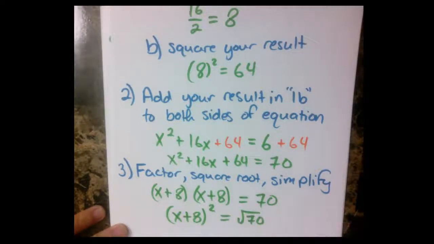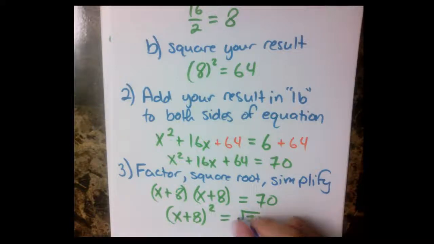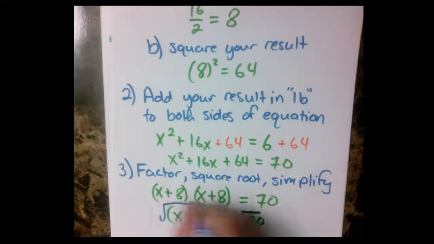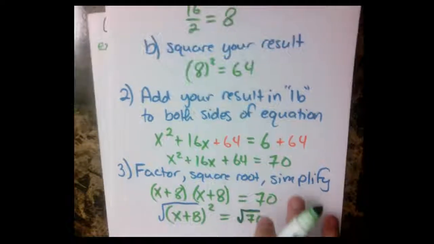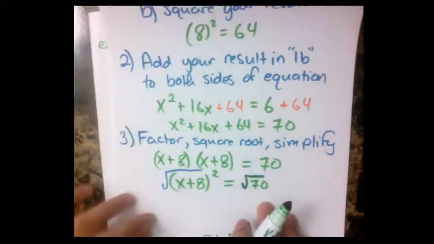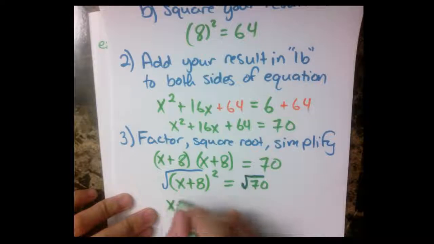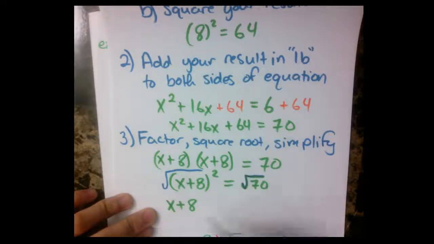Oh, sorry. Okay, and then I kind of skipped a step. So I brought down the 70, and what you've got to do now is take the square root of both sides. Remember, when you take the square root of something squared, you just end up with whatever was underneath that radical. So it's going to stay x plus 8, is equal to the square root of 70.